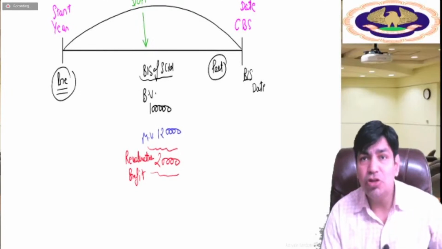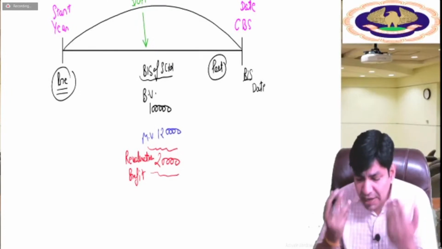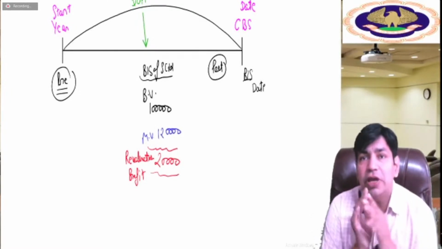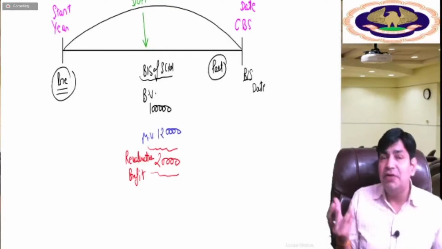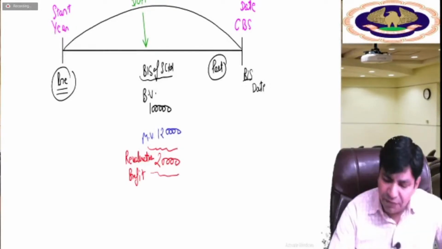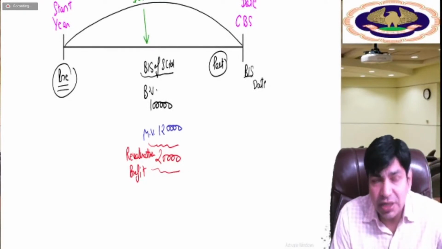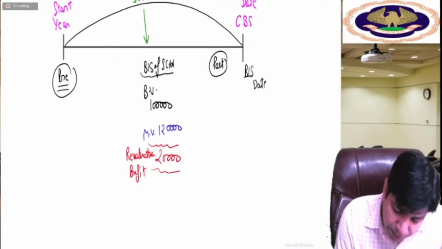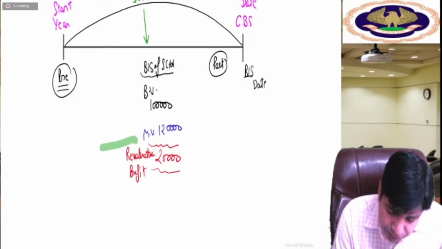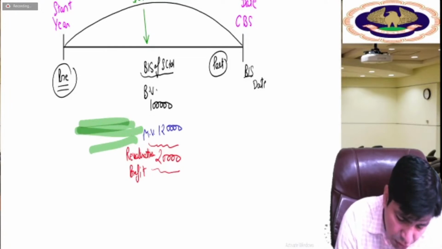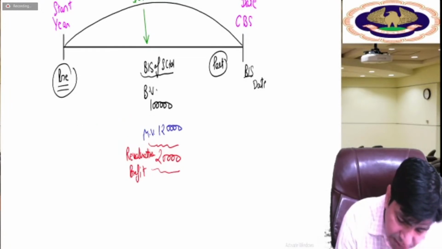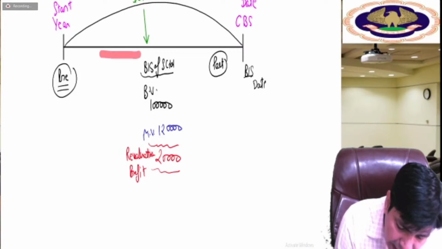Based on the market value, we have to update this 20,000 also. So if this 20,000 has been updated, what could be the profit? Beta, of course, this is the profit on the date of acquisition. It means such profit belongs to the pre-acquisition period.